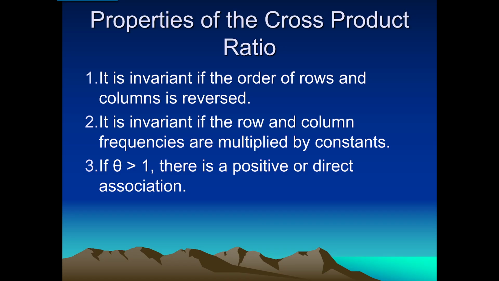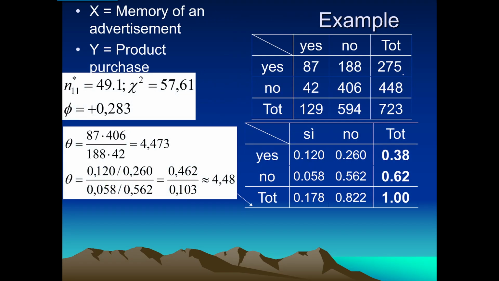If theta is greater than 1, there is a positive or direct association. The computation of the index is very easy: it is the product of the elements on the main diagonal divided by the product of the elements on the second diagonal.